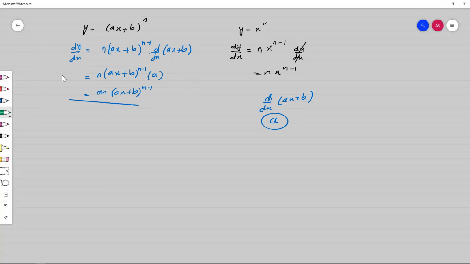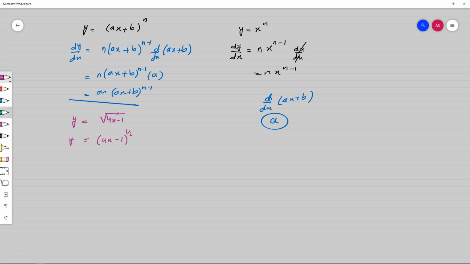So now look at this. We are going to take some examples, like we have y is equal to the square root of 4x minus 1, that is (4x minus 1) power 1 by 2. Here n can be any integer or any real number. So y is equal to (4x minus 1) power 1 by 2.